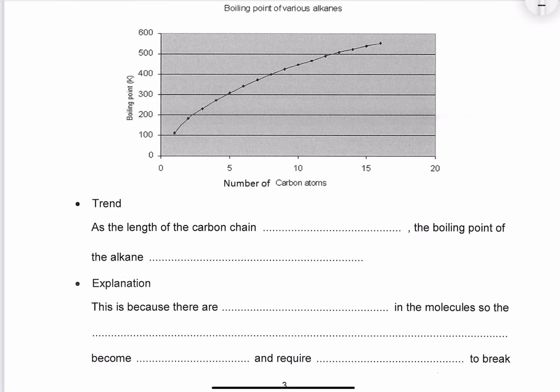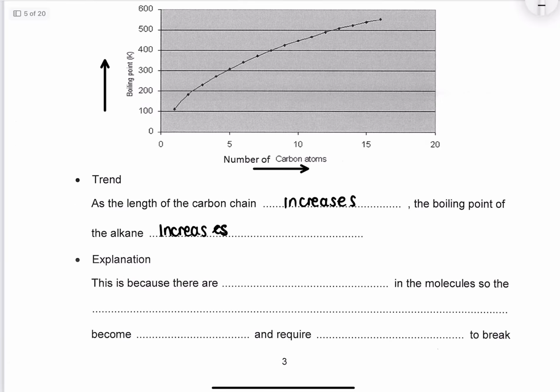As the length of the carbon chain increases, we can see that the boiling point also goes up. This graph has a positive correlation. But why is that? Why does the boiling point go up?